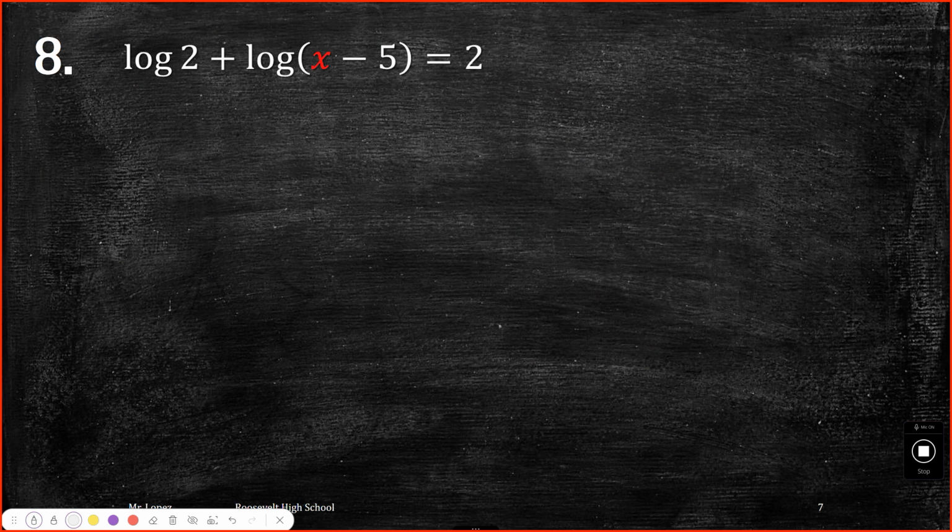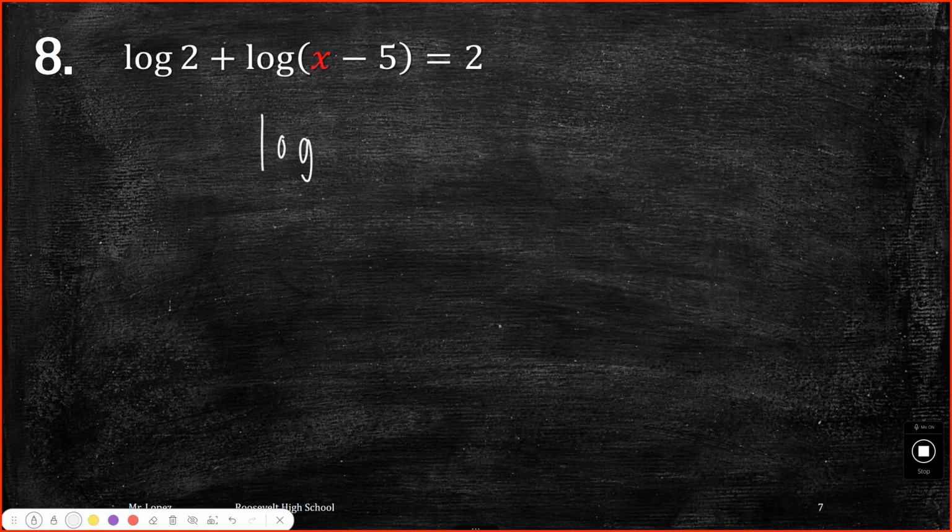Any ideas? Anybody? The product property. Product property is correct. We're going to go from 2 logs to 1 log. Log base 10. We know that the base is 10, and then we're going to go 2 times that.